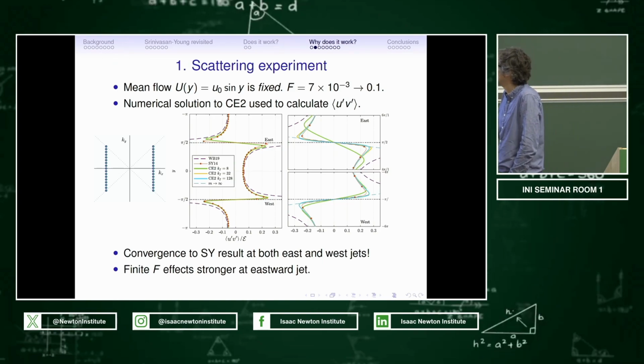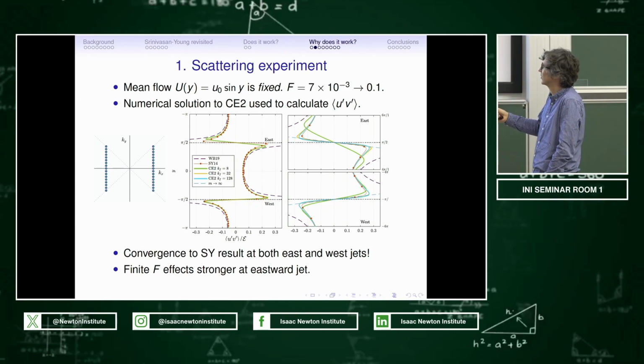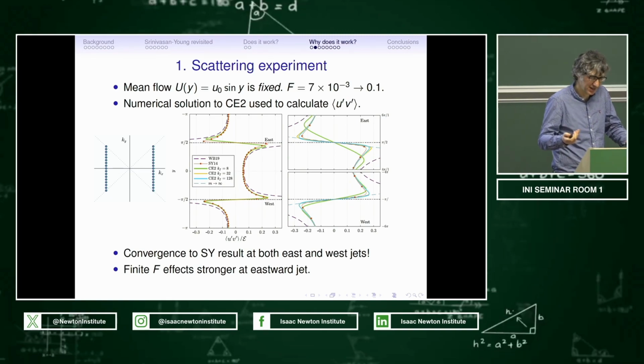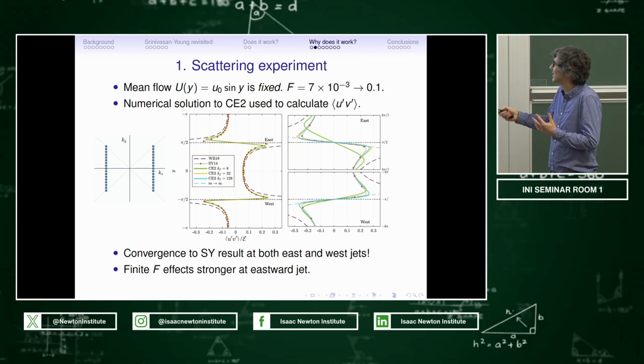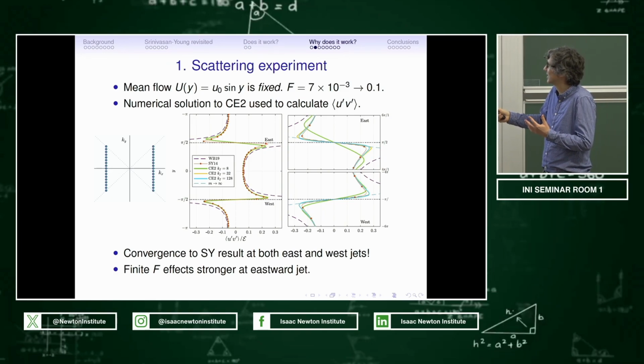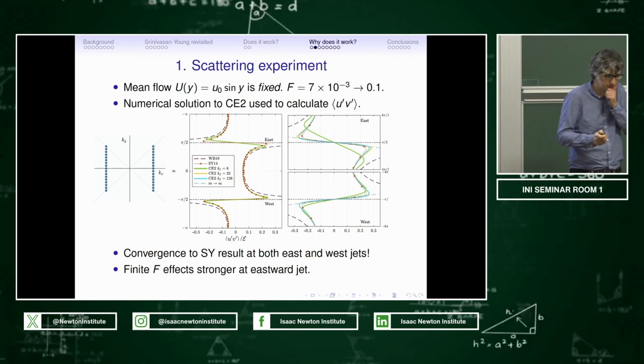And the reason for that is this forcing makes it easier to diagnose which waves in the flows that we're looking at are directly due to the forcing, and which ones are due to the instability. The reason that's going to help us is that waves due to the instability are going to emerge at different zonal wave numbers to the forcing, and the forcing is going to contribute to waves at one particular zonal wave number.